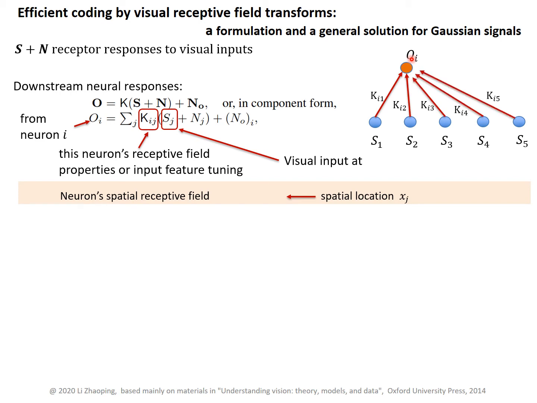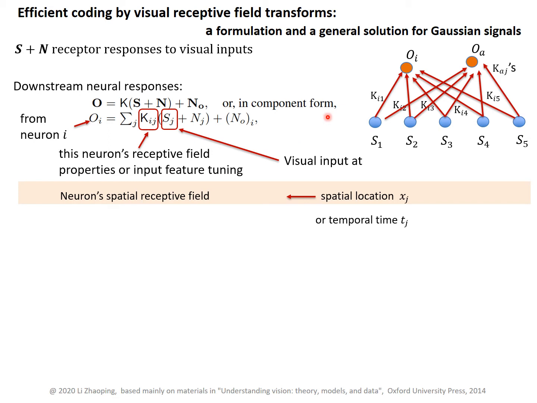And all these effective neural connections then describe the receptive field for Oi. And of course, if you have another neuron, then it will have another receptive field. So different rows of K will describe different receptive fields for different output neurons Oi.